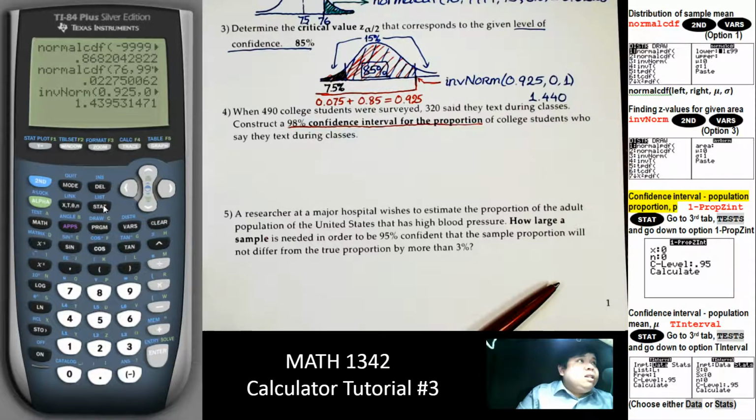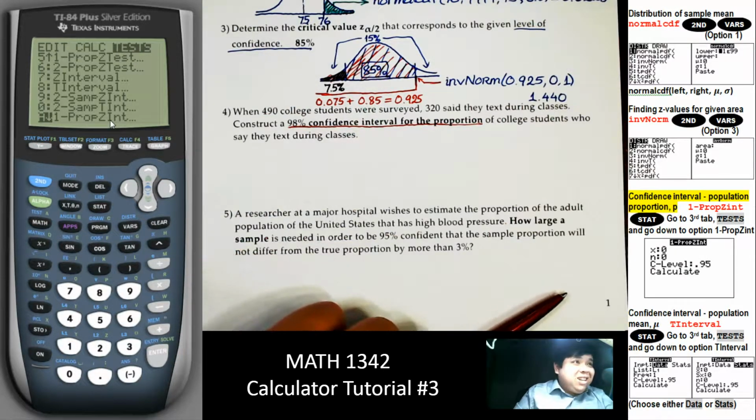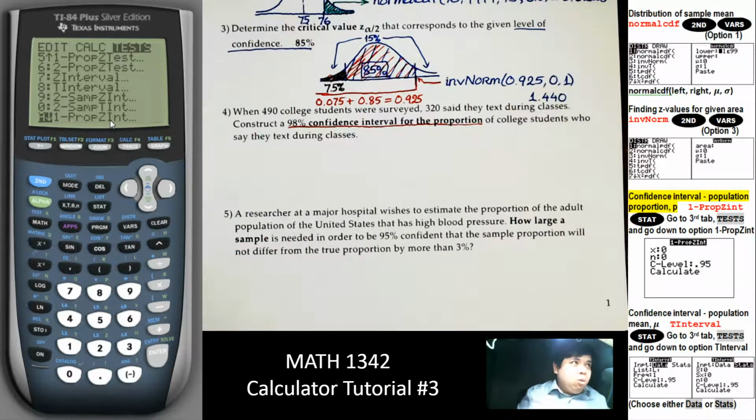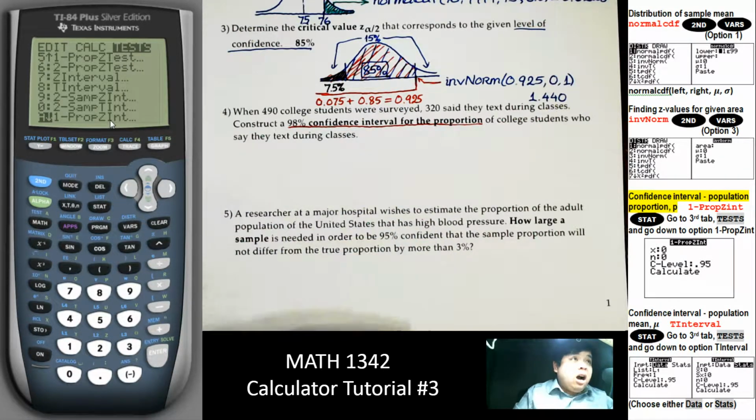So hit stat and go to test, option 1 proportion Z interval. All of this guideline is on the formula chart, where it will tell us what kind of test or what kind of confidence interval we use and what option on the calculator. So we're going to use this.